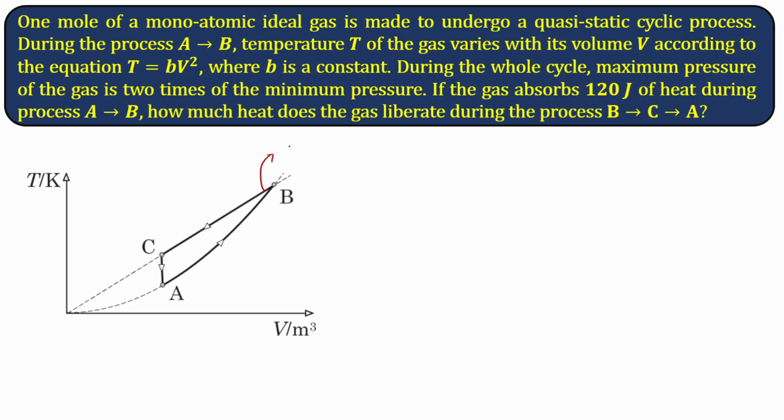The y axis is T, temperature. So T equals some constant, let's say that constant is K, into the x axis, that is V. And in terms of T, I can use the ideal gas equation, I can write it as PV by R. So V gets cancelled. The value of P is coming out to be the constant K into R. That is also a constant.